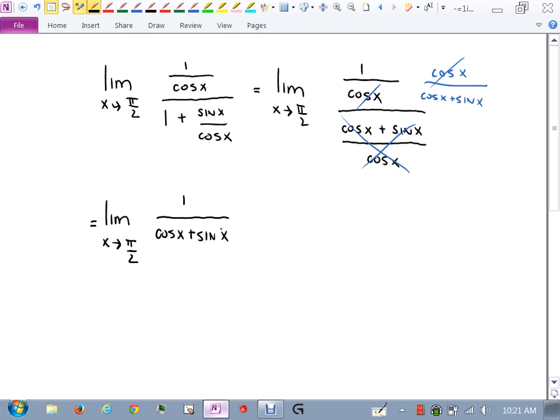I'll put you on the spot. All right. X coordinate, cosine pi over 2, 0. Sine of pi over 2, 1. So we get 1 over 1. No L'Hopital, just simplification algebraically. That's all it was. Tricky problem, right?